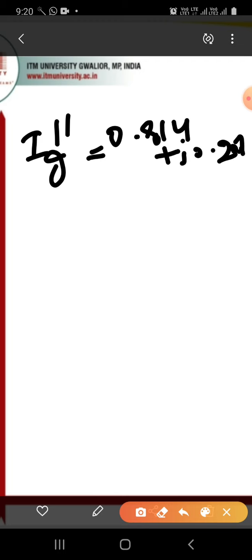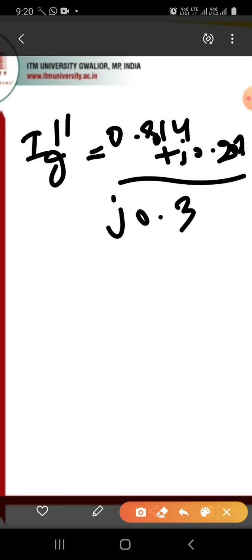In the place of Eg double dash I am writing 0.814 plus j 0.207.